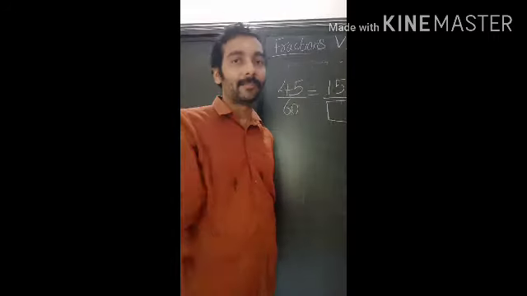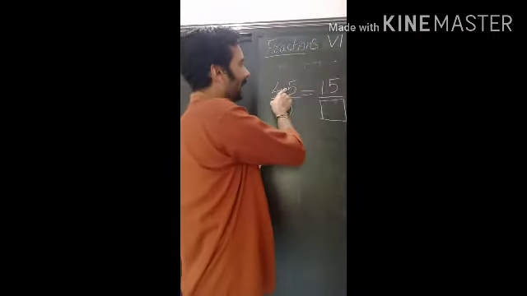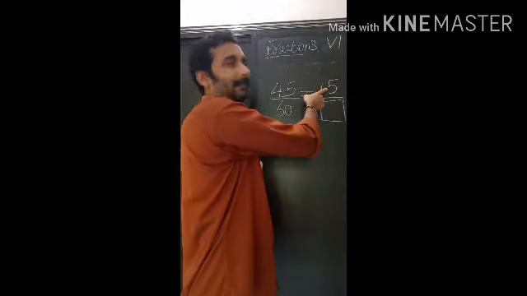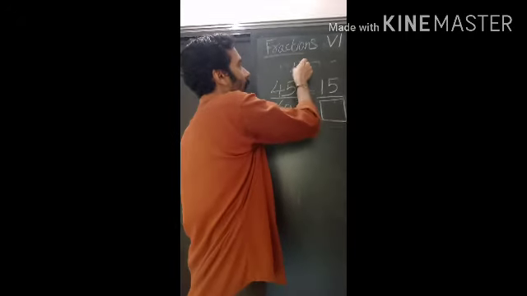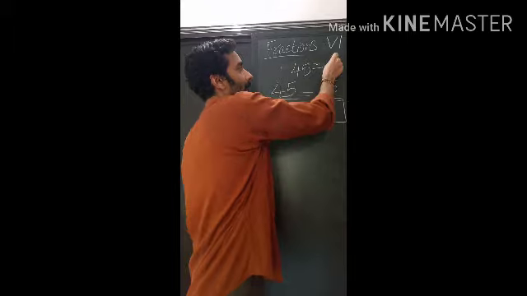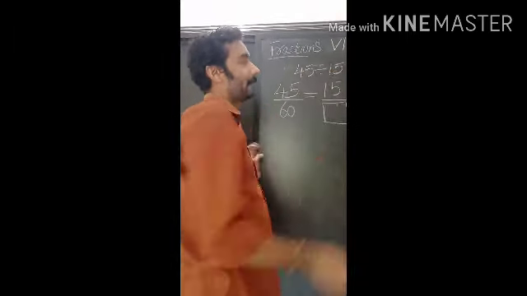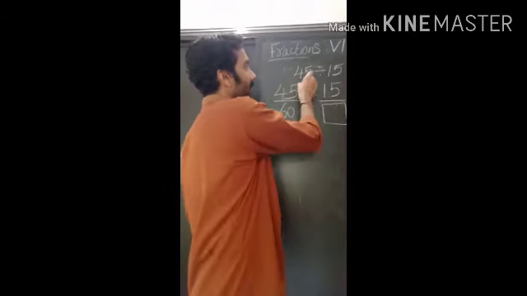In this type of question, we write 45 divided by 15. What is the result?